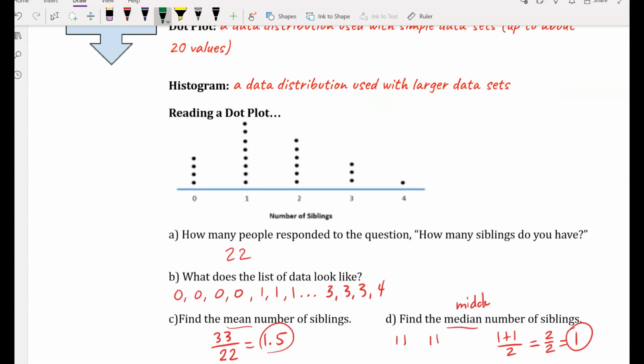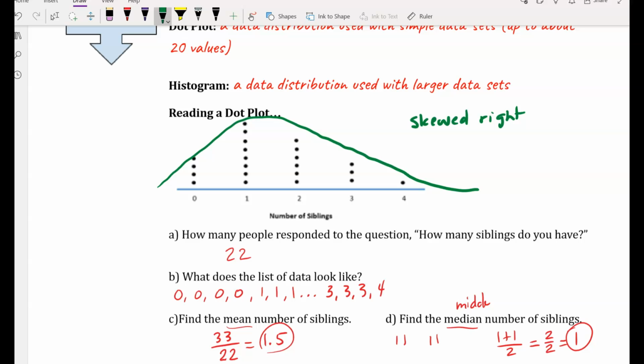If we go back to our dot plot and put a blanket over our data, then it would look something like this. And you can see that the tail on the right side is a lot longer than the tail on the left side. So we would say that this is skewed to the right. It's skewed in the direction where the longer tail is.